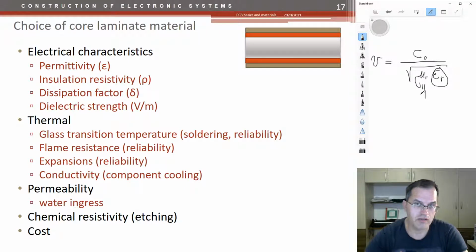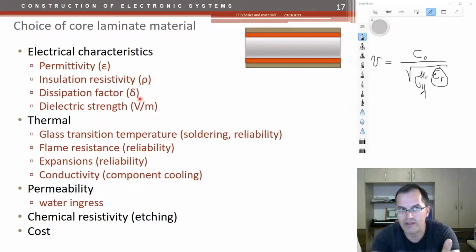The other is insulation resistivity, of course. What we want is the highest resistivity material possible. The third is dissipation factor. Why is dissipation factor important? A dissipation factor tells you what the decrease of the amplitude of the signal is over a certain length that it is traveling.